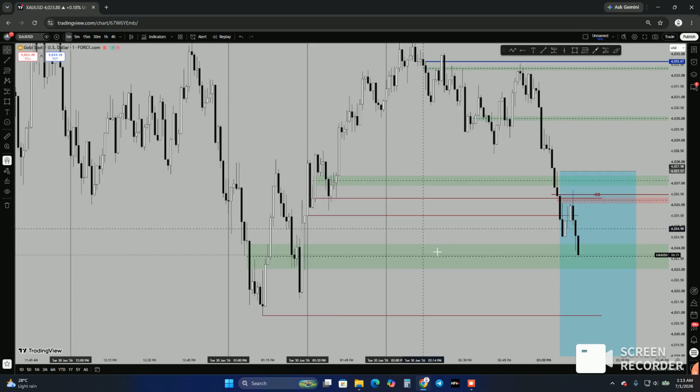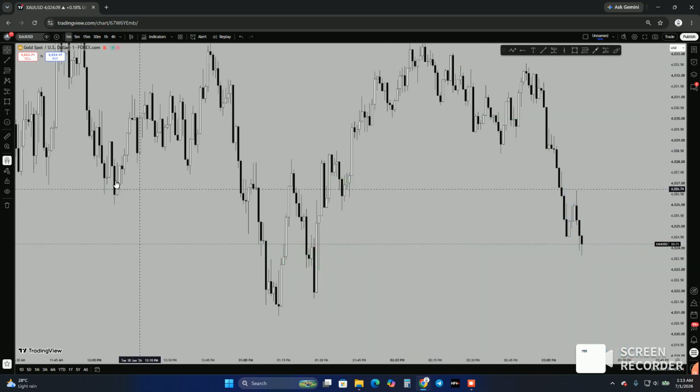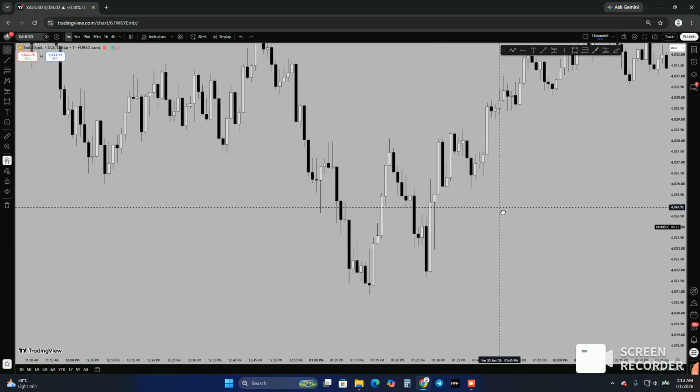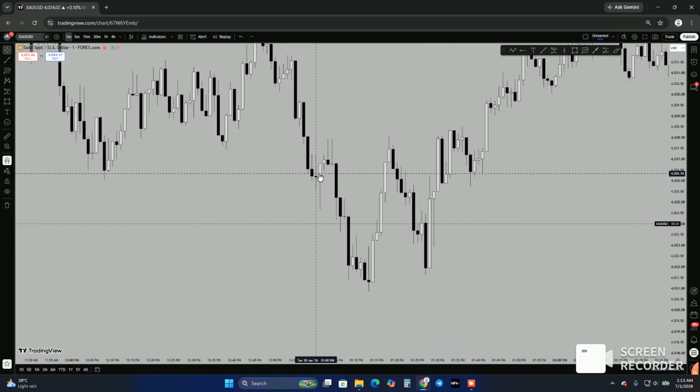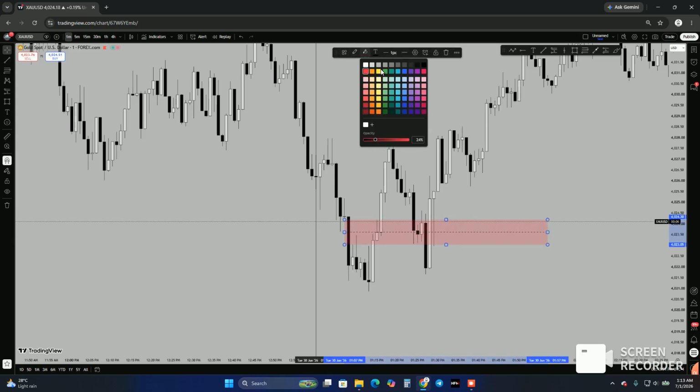If you don't understand, then I'd like to make you understand again, removing all of these things. Right now I'm going to pick a random hour, 1 a.m. This is the 1 a.m. open. So this is the first gap and this is the second gap. So I would like to mark up the second gap as a reference.